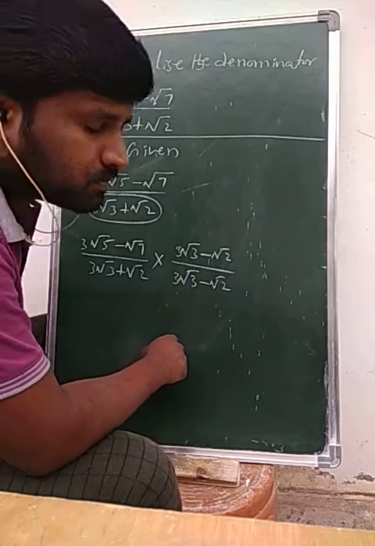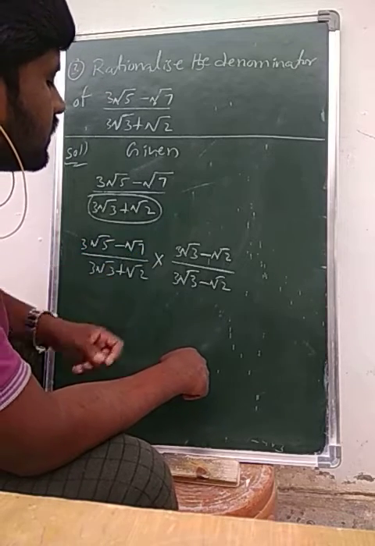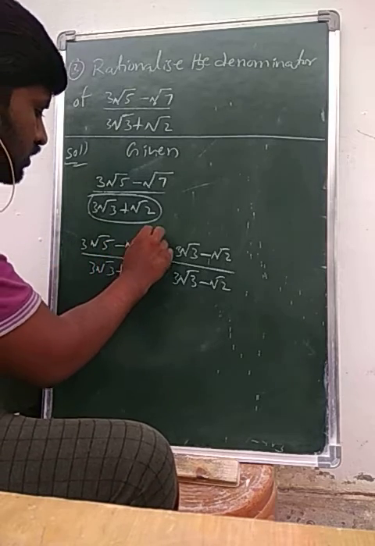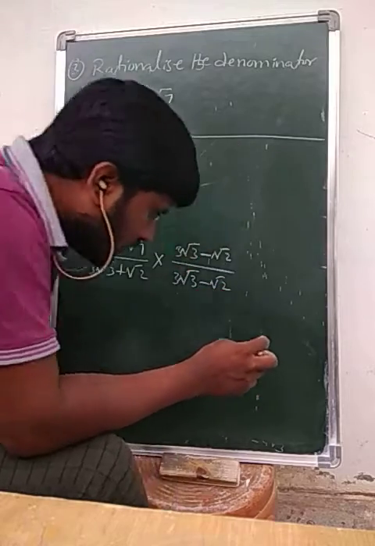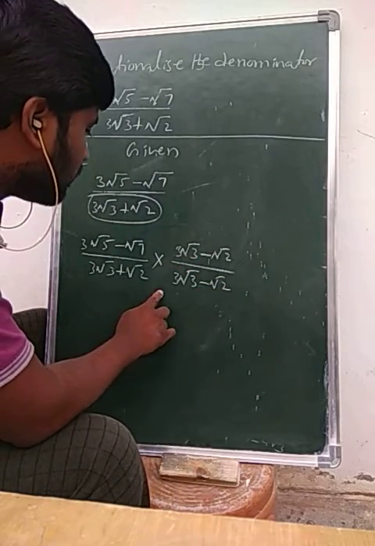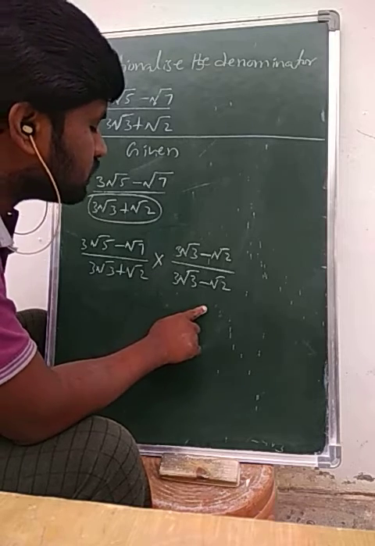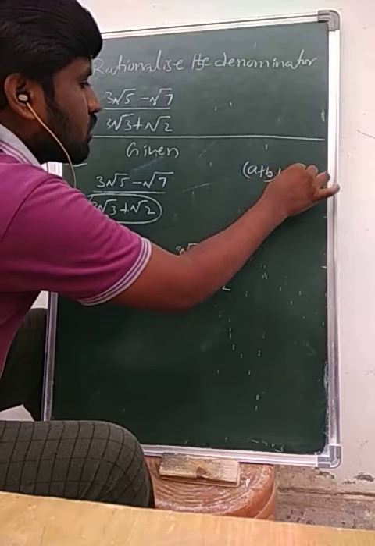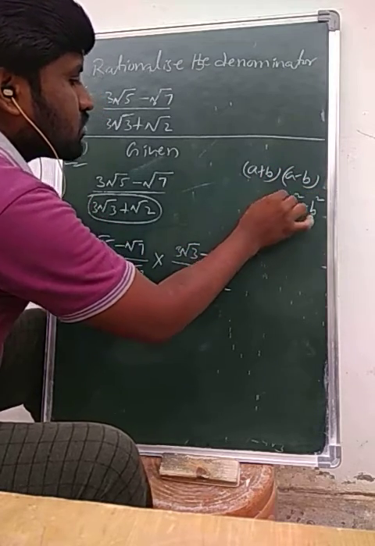Is it clear? Now just observe this. We multiply numerator into numerator and denominator into denominator. Clearly the denominator is in the form of a plus b into a minus b, that is equal to a square minus b square.